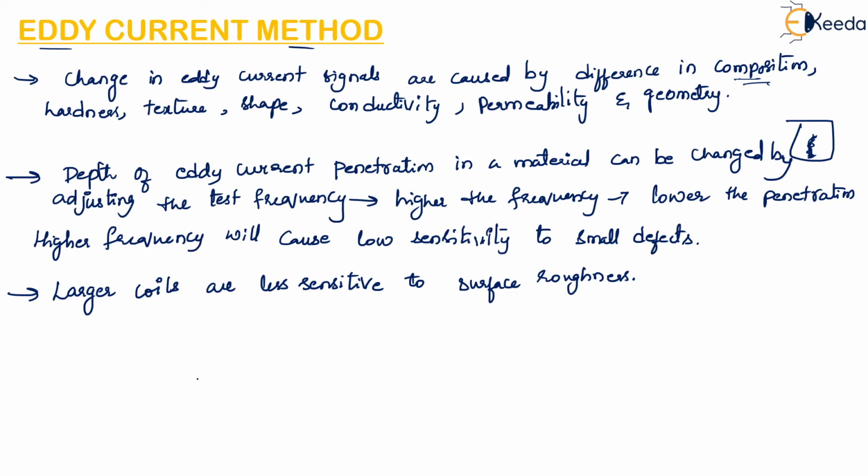So we have an electronic unit which is able to operate a wide range of coil configurations in absolute or differential modes and at a wide range of frequencies.